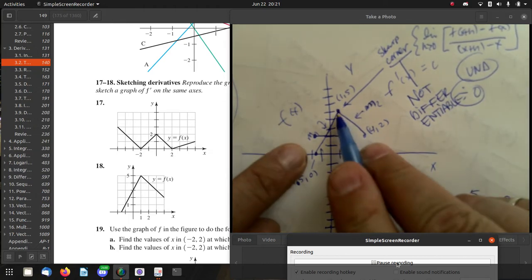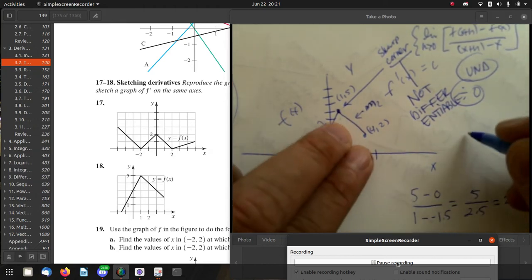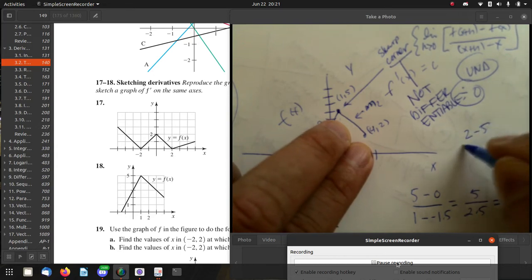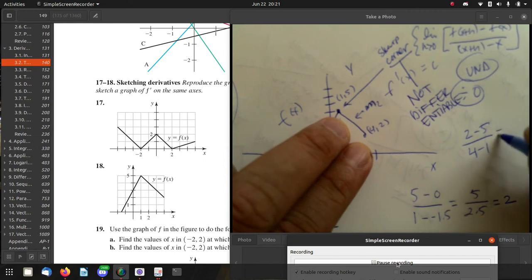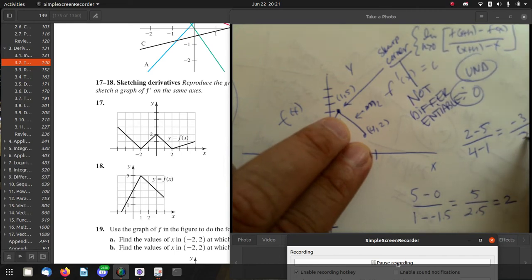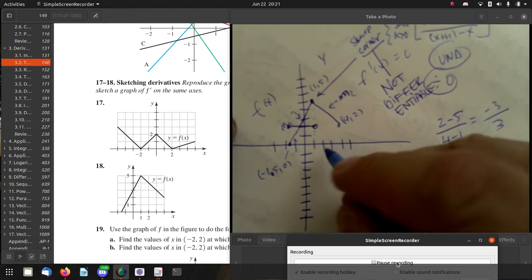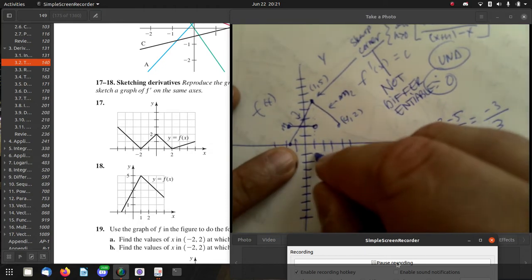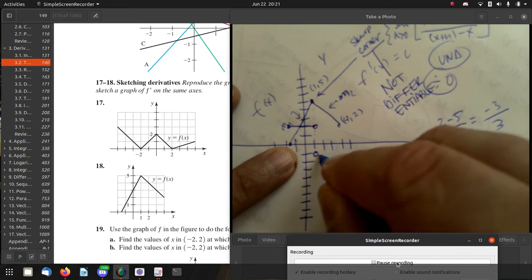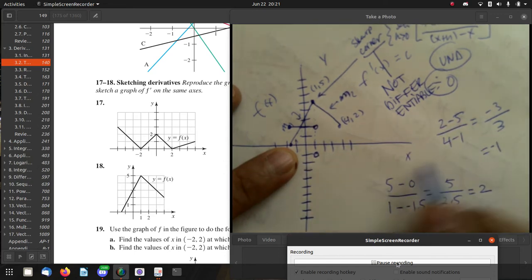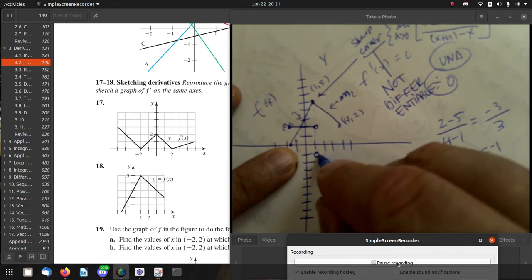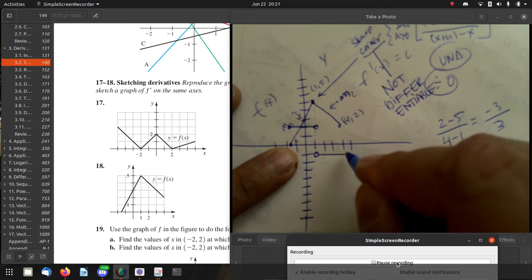And so likewise here, when we go down, let's get the slope on this guy too. 2 minus 5 over 4 minus 1 equals negative 3 over 3, which equals negative 1. So likewise this guy, which starts here, is also undefined. And then we go out to the point 4 along negative 1.